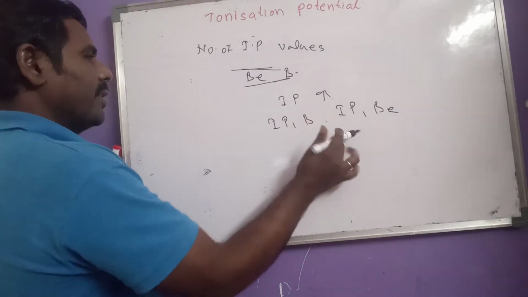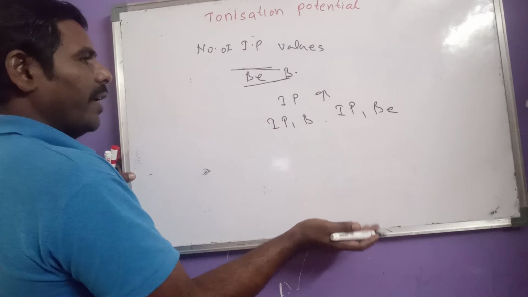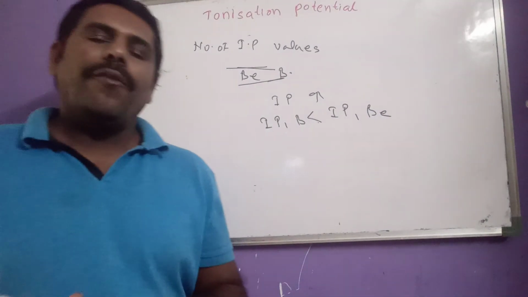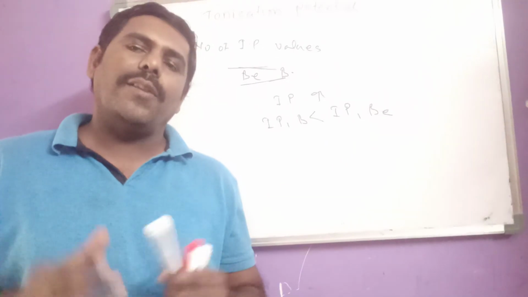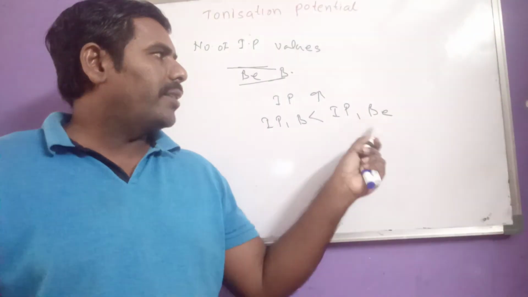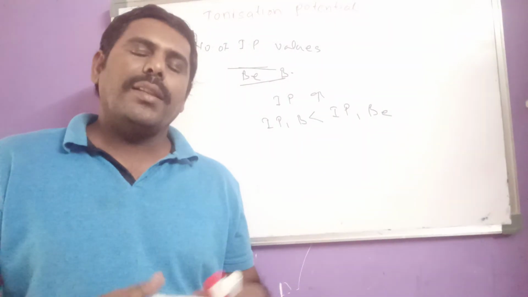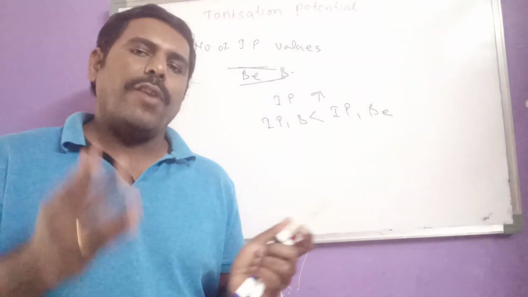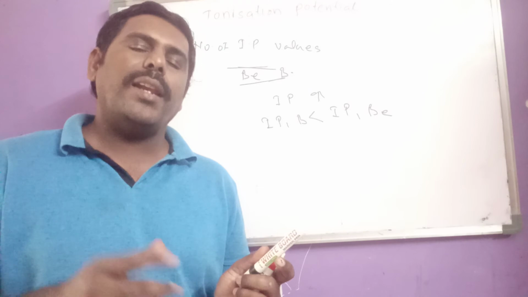But this contradicts the experimental value. The first ionization potential of boron is less than that of beryllium. The question is why this phenomenon takes place. Why is boron IP1 less than that of beryllium?